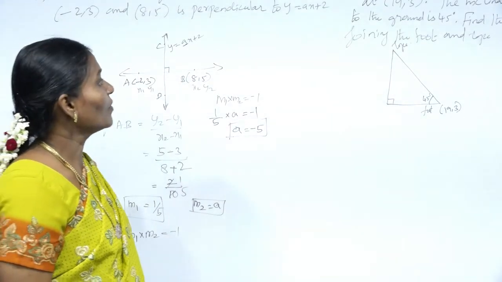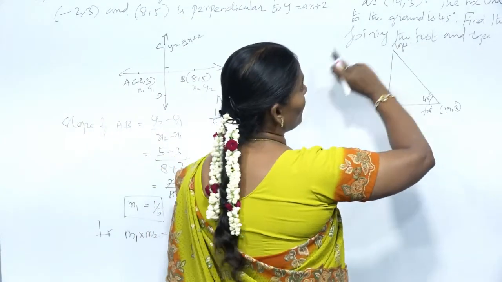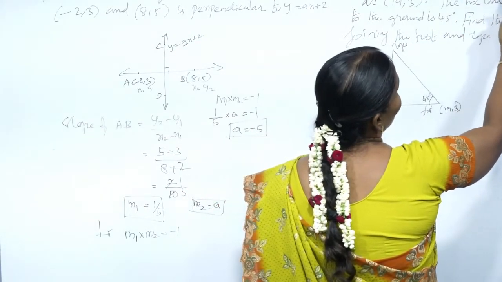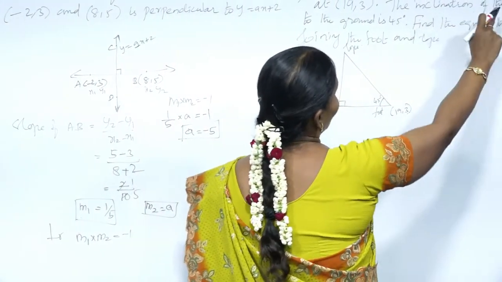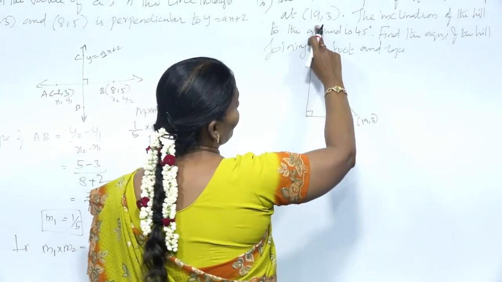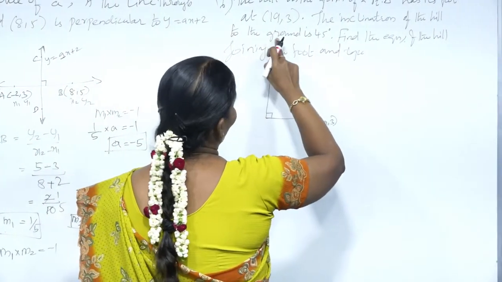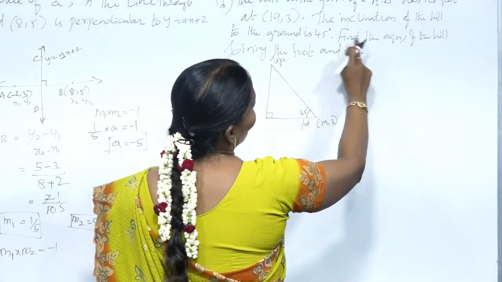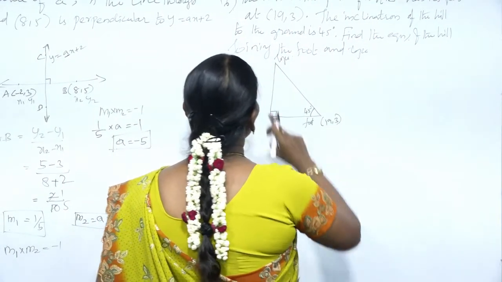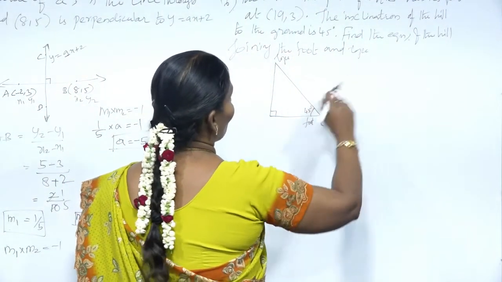Understand children? Good. Now see here the sixth one. The hill in the form of a right angle triangle has its foot at 19, 3. Then the inclination angle of the hill to the ground is 45 degree. Find the equation of the hill joining the foot and the top.